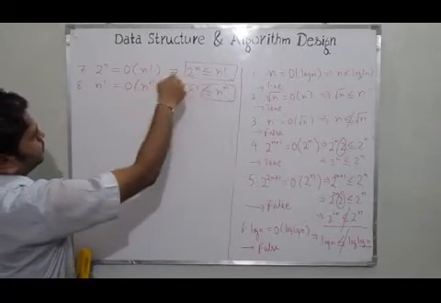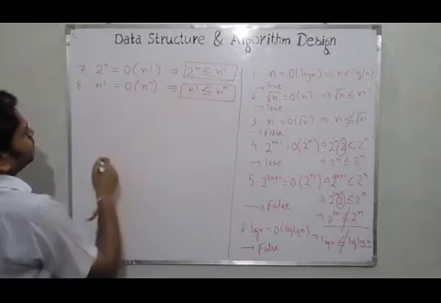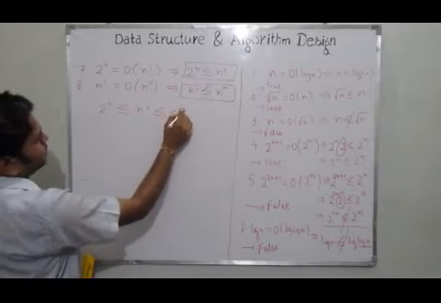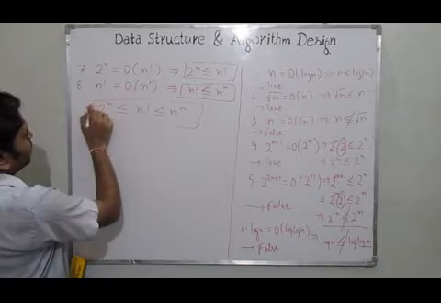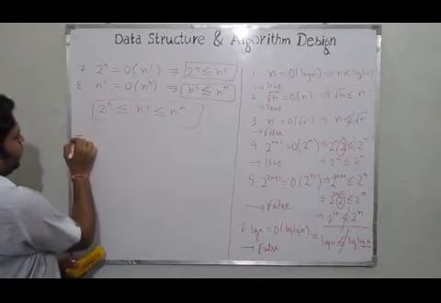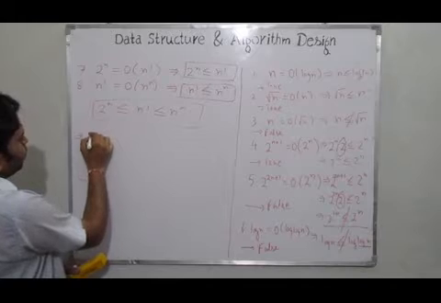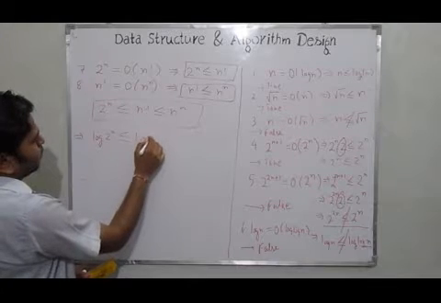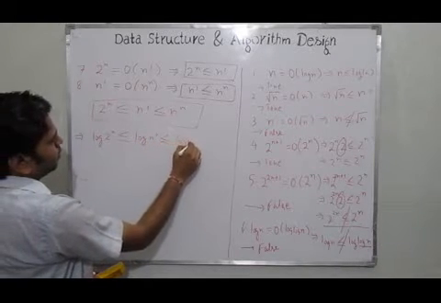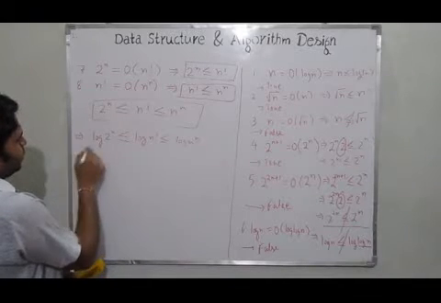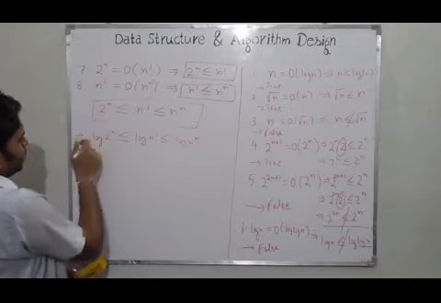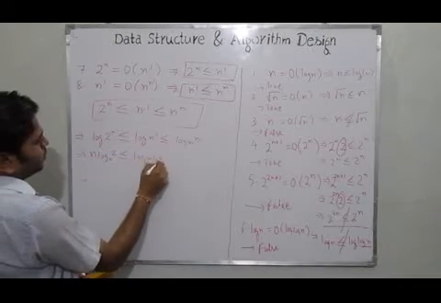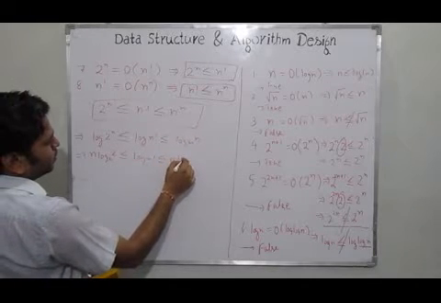From these two examples that we have done here, we can conclude that 2^n is always less than n factorial, which is always less than or equal to n^n. Fine. And even if we apply log over these, what can we obtain? Log 2^n is less than log n factorial is less than log n^n. So this n would come here and it would be n log 2, and this n would come here.